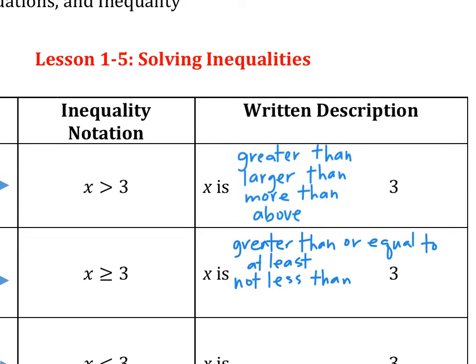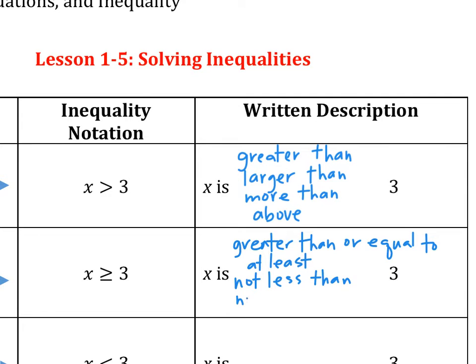Not less than. This 'than' in this case is not the 'less than' we talked about in the previous section, because this one has an 'is'. X is not less than. So basically, we are saying that this number cannot be less than 3. So that means it must be 3 or more.